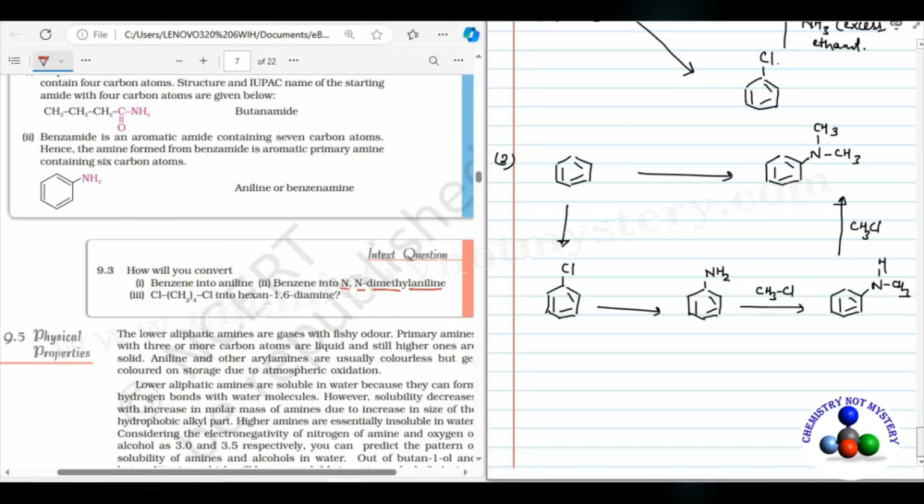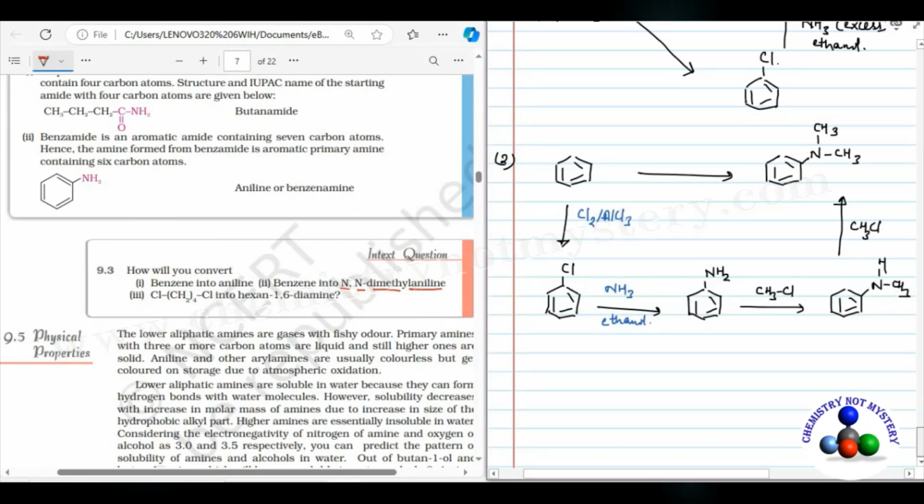So now write down the reagents. Benzene can be converted by chlorination, means Cl2 in presence of AlCl3, you can get chlorobenzene, and when chlorobenzene reacts with ammonia, here NH3 in presence of ethanol, it will undergo nucleophilic substitution reaction and you can get aniline.